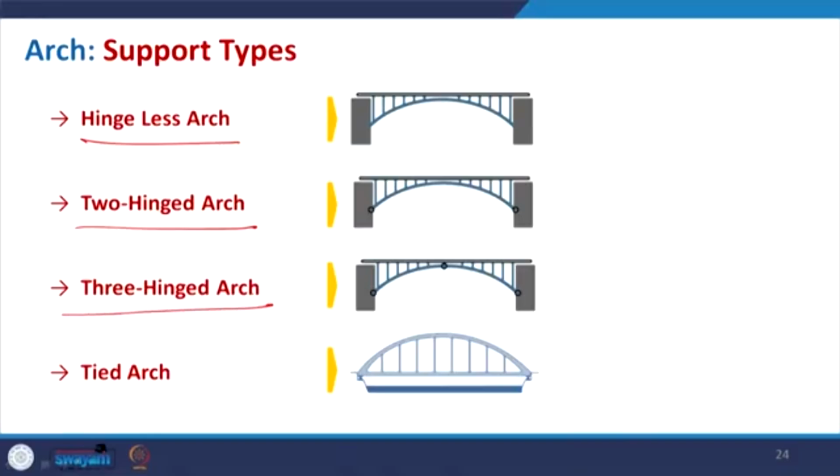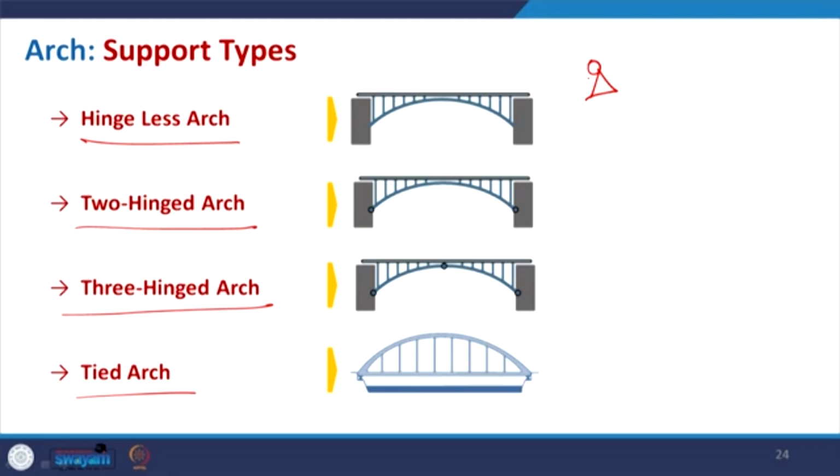Then you have the three hinge arch and then the tied arch. Looking at the schematic, the hinge joint is also referred to as a pin joint. In the frame structure we discussed the fixed joint and the hinge joint, and here also it is the same.